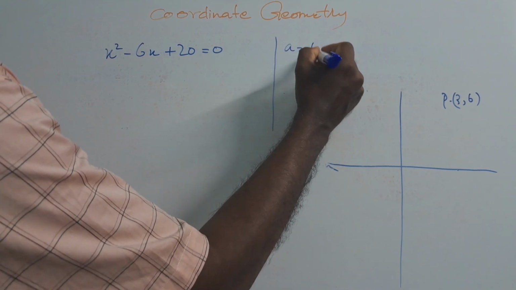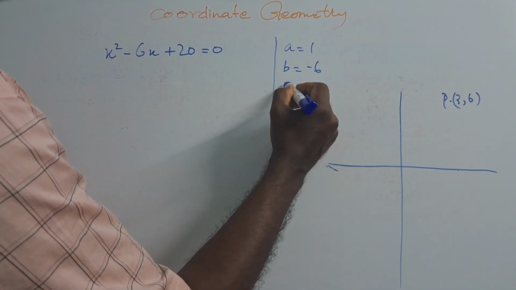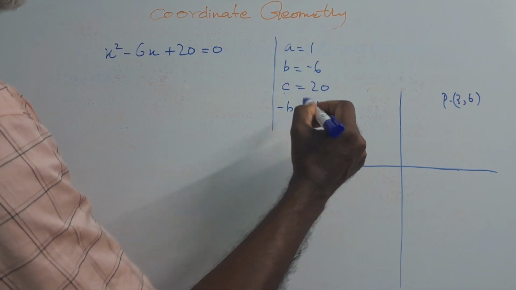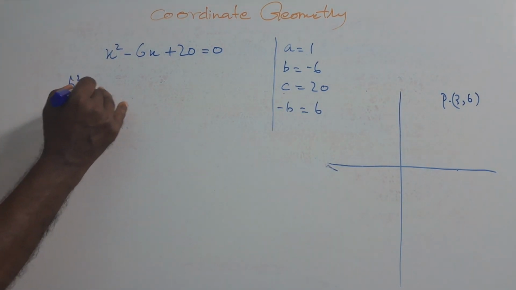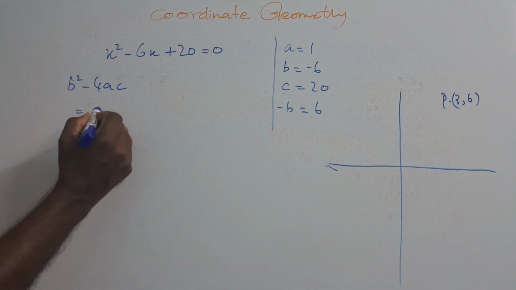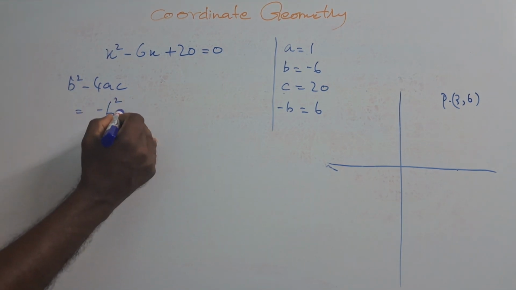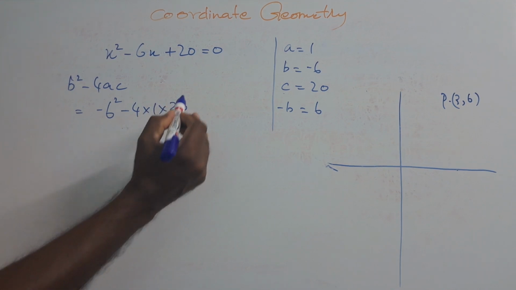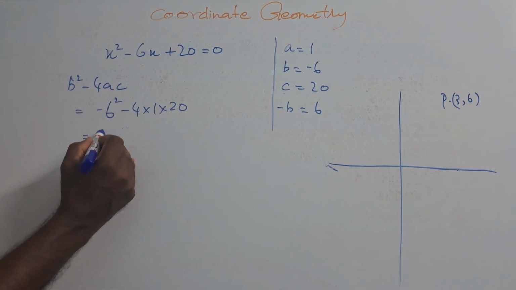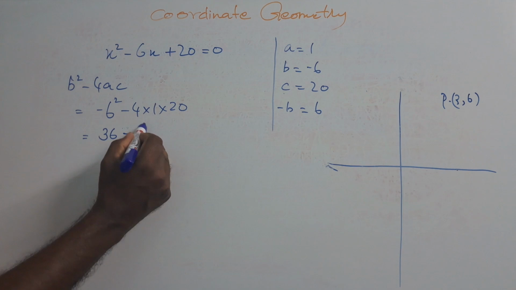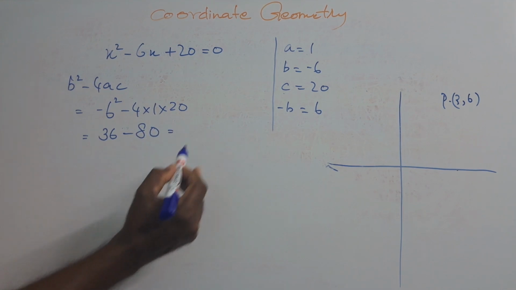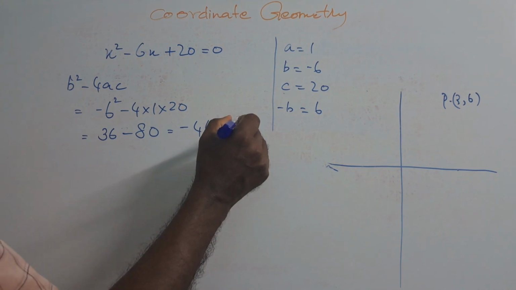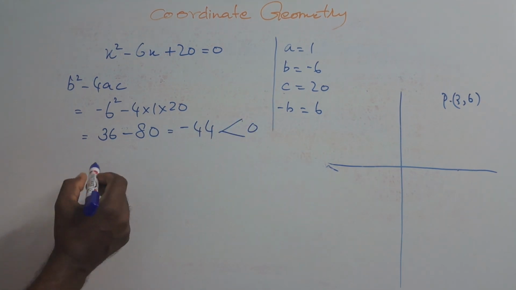A is equal to 1, b is equal to minus 6, c is equal to plus 20, and minus b is equal to 6. b square minus 4ac is equal to minus 6 square minus 4 into 1 into 20, equals 36 minus 80, which is equal to minus 44, which is less than 0.